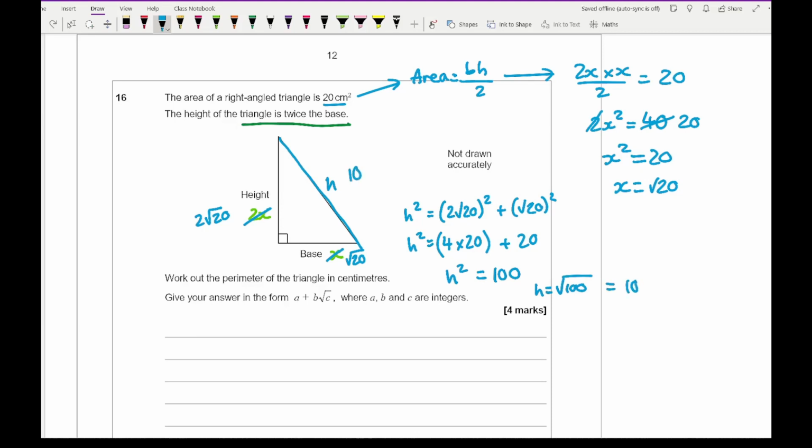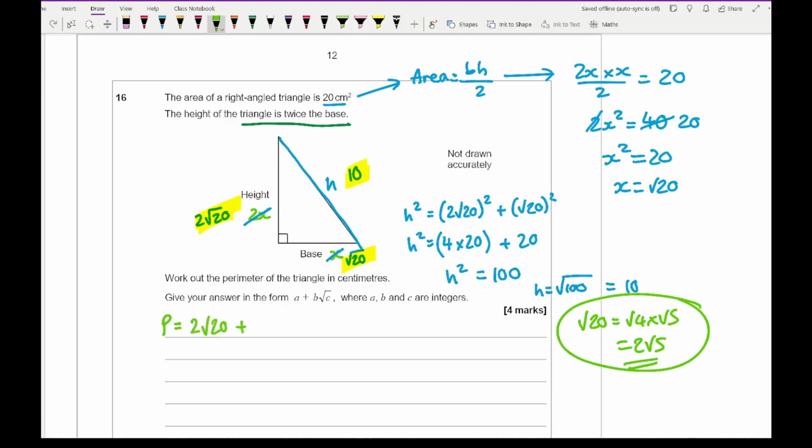So then from this, I can work out what the perimeter is going to be by adding up those three sides. Now, root 20 I can simplify as being root 4 times root 5, which is 2 root 5. So then using all of this information, the perimeter equals 2 root 20 plus 10 plus root 20.